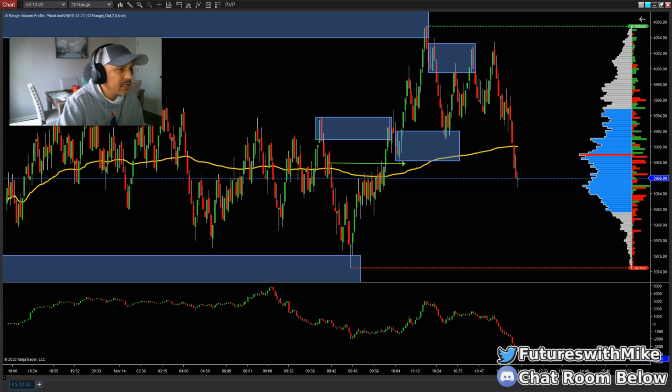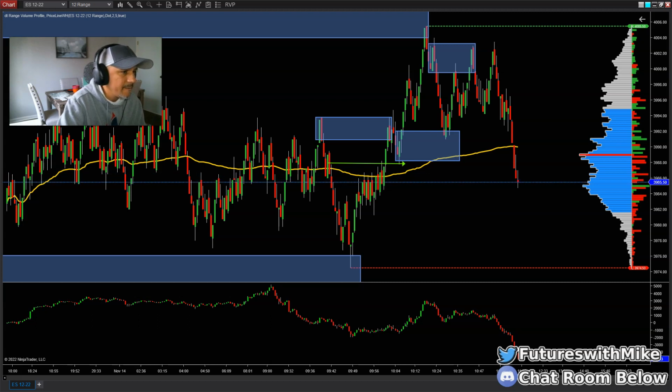I would prefer to see a candle close here to the upside. You might not get it though. It's trying to, but it hasn't done it. It's not full rejection for me. Not enough confirmation at this point.